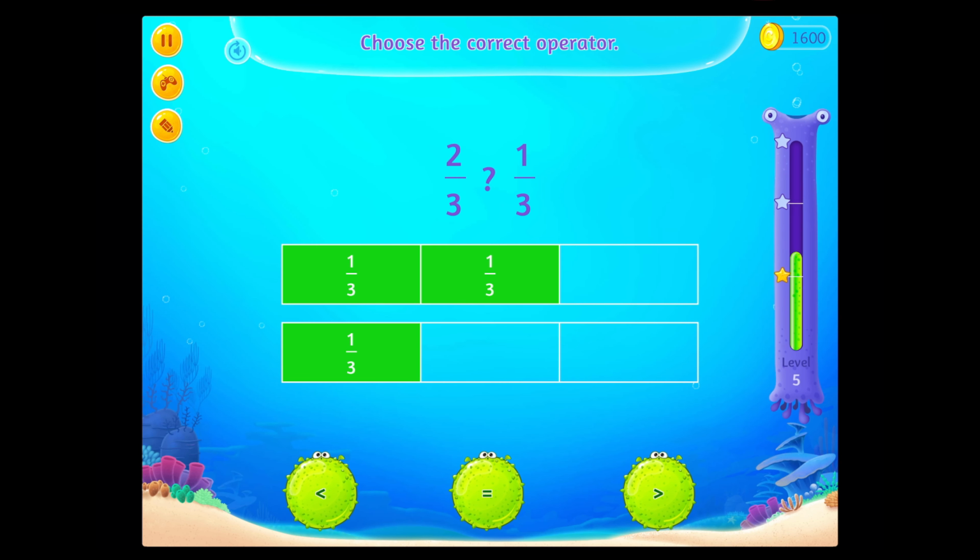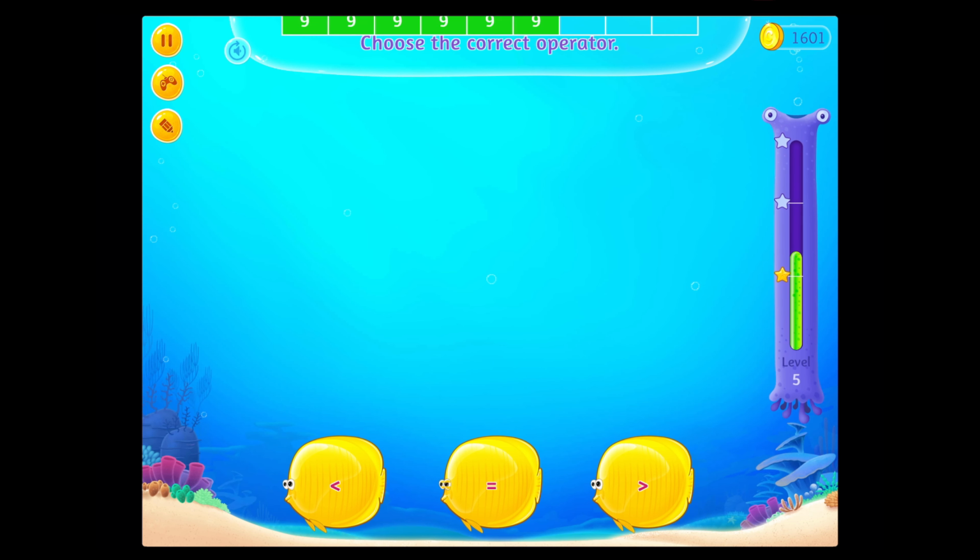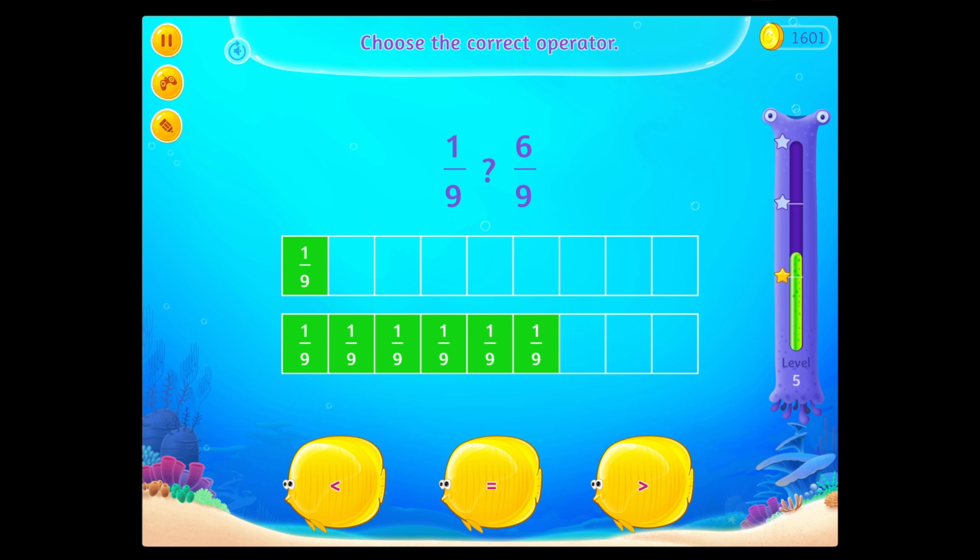Choose the correct operator. Correct! Choose the correct operator. Congratulations! You've done it!